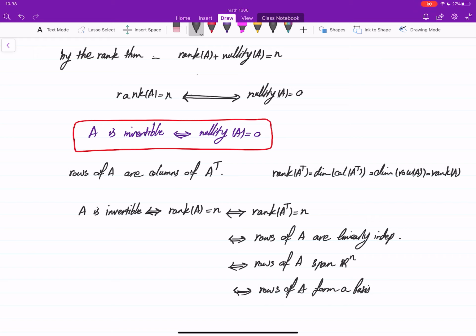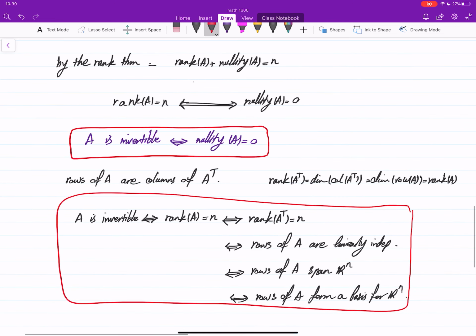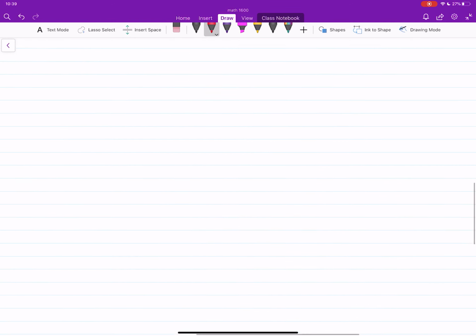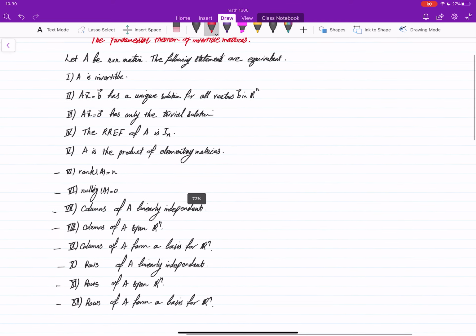So exactly the same thing happens for rows and columns. They form a basis for Rn. So all these three versions I will put in one big box. These are also new statements that we will add to our new version of the fundamental theorem of invertible matrices.